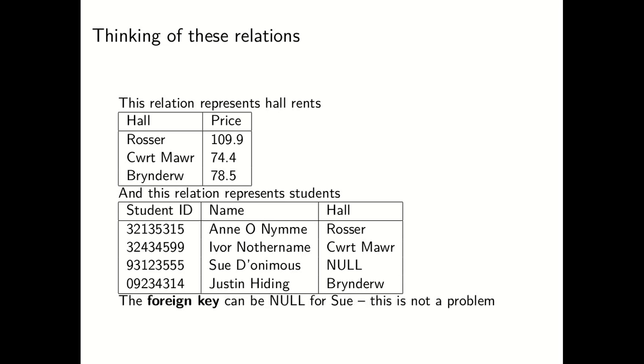The foreign key can be null for Sue in this relation. It's not a problem. If you think about the real-world situation that these two relations are representing, it's perfectly understandable, and we can easily think up a reason why Sue in this case is not in university accommodation. So that makes sense perfectly well.